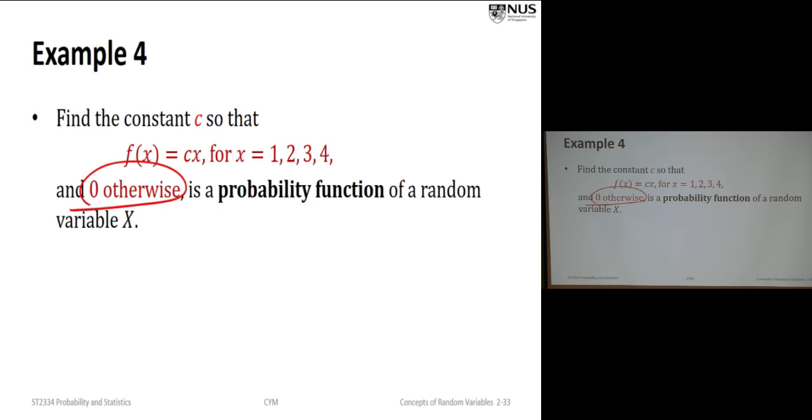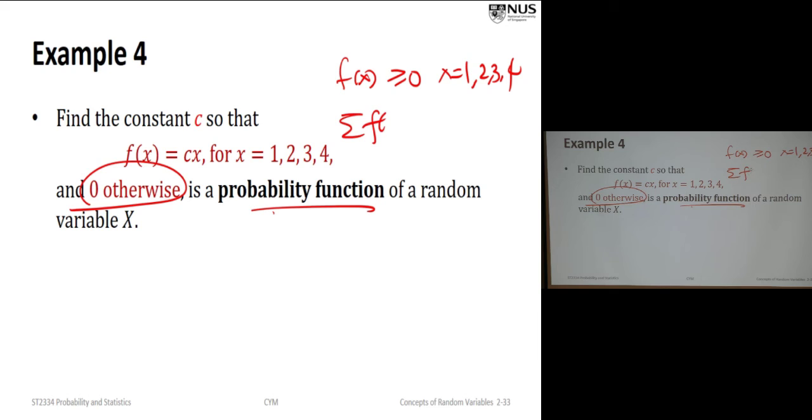All right? So I want this to be a probability function. So we make sure that f of X is bigger than or equal to 0 for X equal to 1, 2, 3, 4, and also that f of X sums up to 1. After that, we have to find the probability of X greater than or equal to 3.